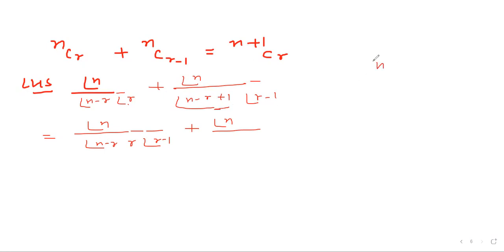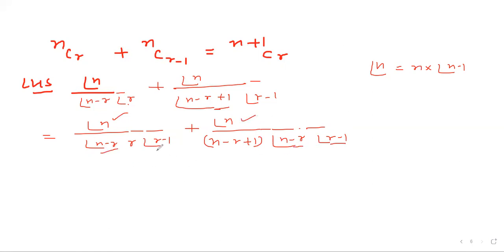from this rule, factorial N equals N into factorial (N minus 1). So this rule we are applying here, N times factorial (N minus 1). So this will become (N minus R plus 1) common outside, and then factorial (N minus R) times factorial (R minus 1). Now factorial N, and factorial (R minus 1) can be taken common.